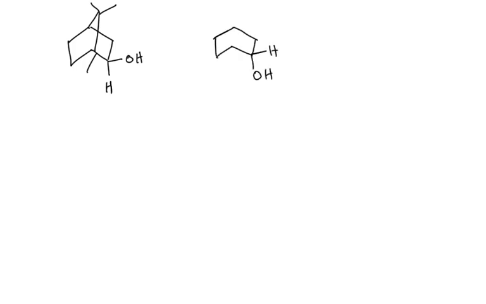For the isoborneol, the hydrogen is on the bottom, and for the borneol, the hydrogen is on the top, they end up at a different chemical shift in the NMR spectroscopy.